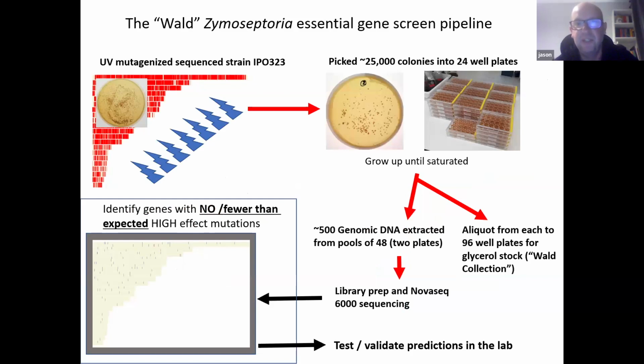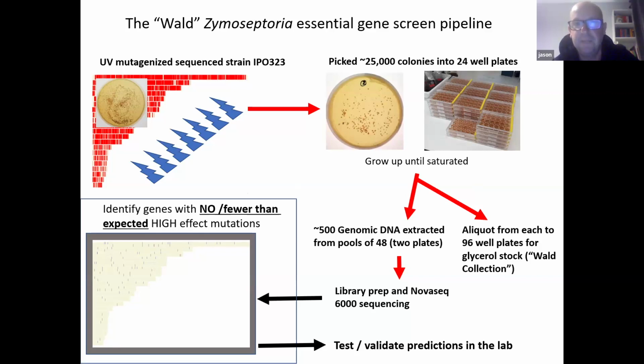We grew them all up until they were saturated, and then we made pools of them for genomic DNA extraction. So we made 500 pools of 48 individual mutants, but we've also got a collection of each and every one of the 25,000 mutants as a glycerol stock, taking up half a -80 freezer, and several half -80 freezers down in our basement.